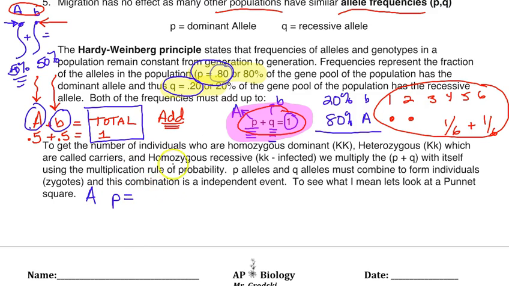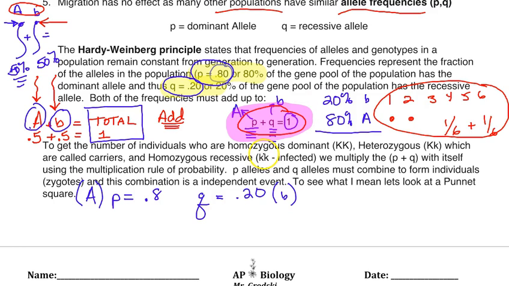And in this case, it's 0.8, so 80% of the population has a chromosome with the dominant A gene. And Q, the recessive gene, exists 20% of the time, or 0.2. Of course, that represents the little b in my example. That does not represent individuals.